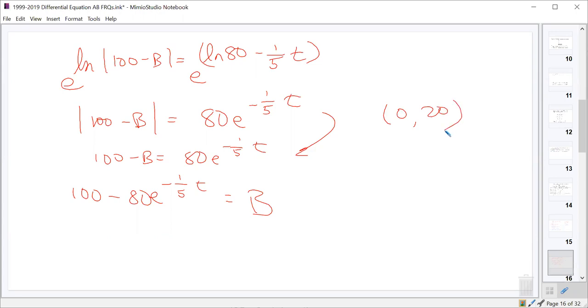So if I plug in 0 and 20, I get 100 minus 20 equals 80 e to the 0. And so I don't want to put a negative in front of that 80 because that gives me 80 equals negative 80. Okay. All right, thank you.